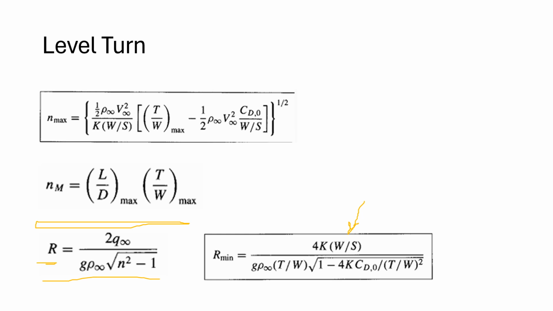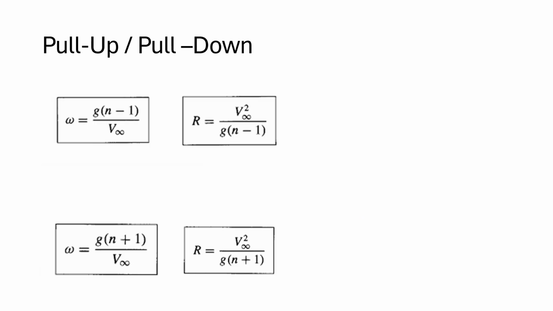This is the speed. You should be able to find Q. Q is equal to half rho V square. So you should be able to find Q infinity and use g as 9.8 or 32.2 depending upon which system we are using, and use this to give me the minimum turn radius or the turn radius.